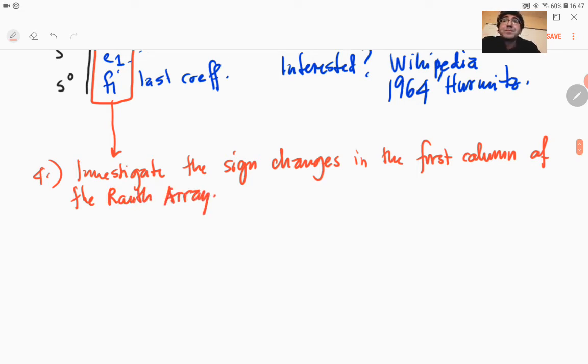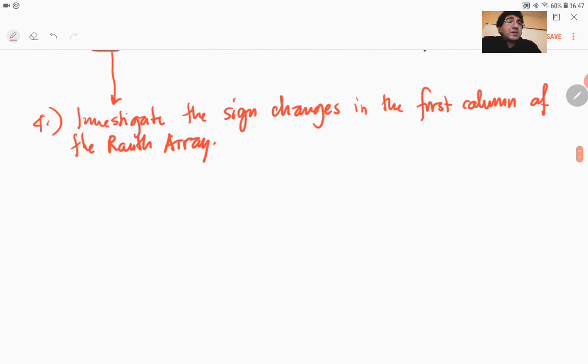The number of sign changes is what is actually important.